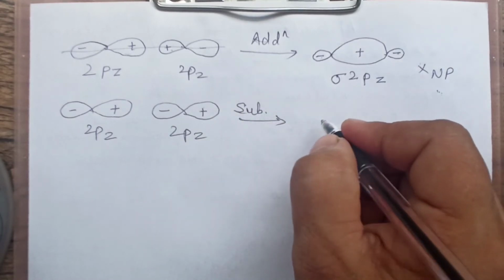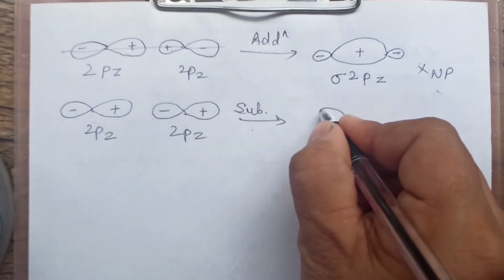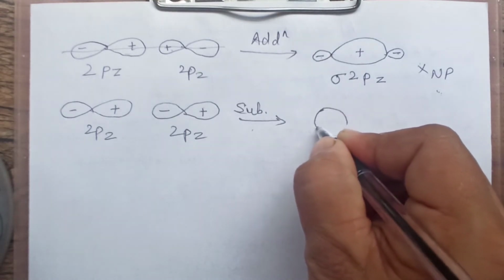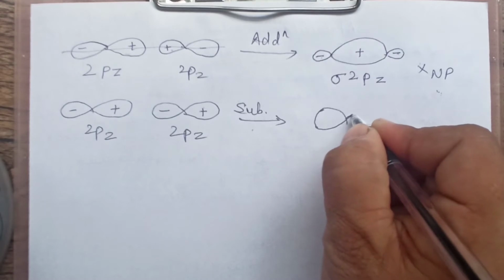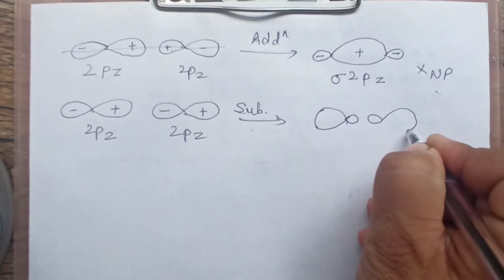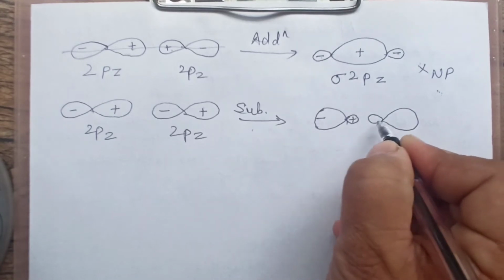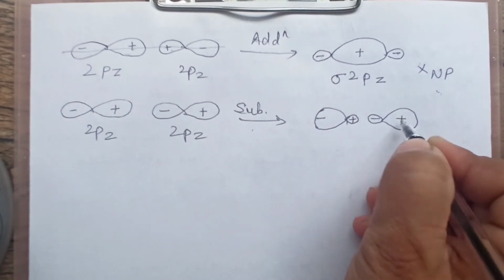So when it is subtraction, these we are going to show outside little bigger. Here we are going to show small, and here small, and here we are going to show little bigger. As we were writing these charges, we are going to just represent, okay.